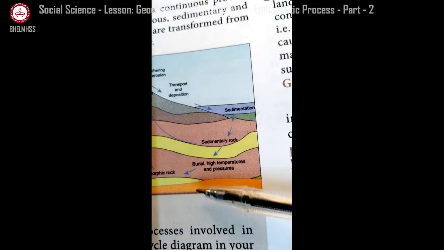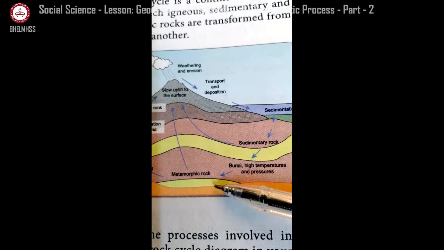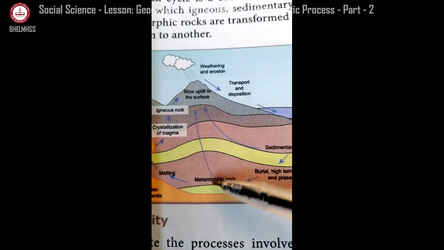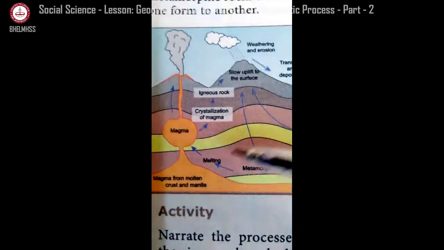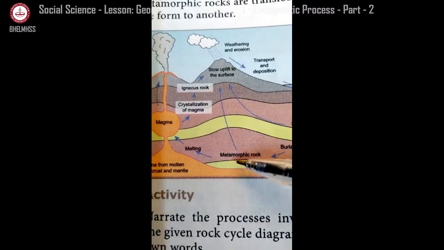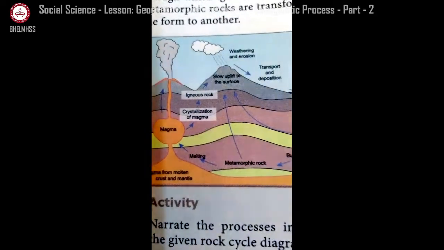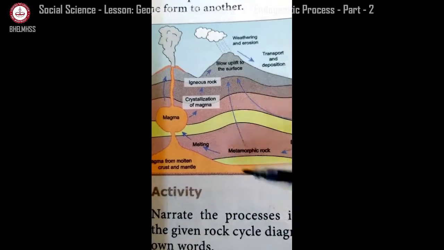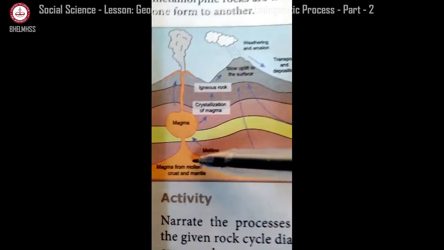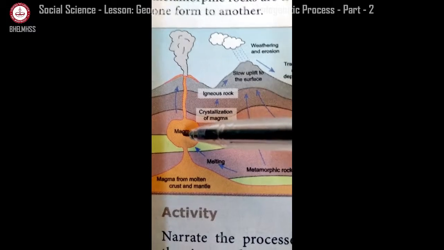The rocks go lower and lower from the surface. As they go below, because of heat, tension and pressure, they form metamorphic rocks. And again, because of the same heat and pressure, the solid rocks become semi-solid molten rocks. If too much heat is given, the solid particles become liquid, hot semi-solid rocks in liquid form.